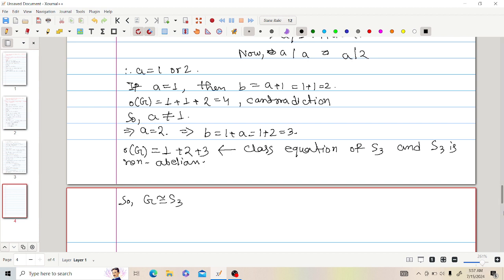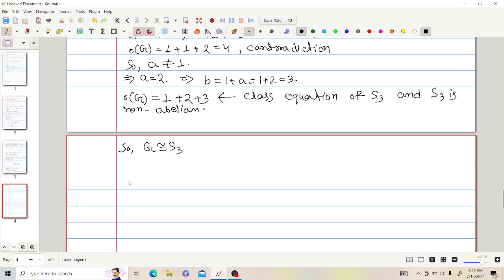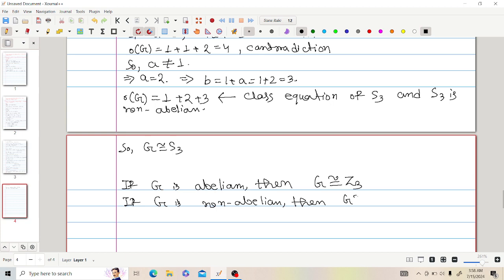So if we summarize the result, if G is abelian, then G is isomorphic to Z3, and if G is non-abelian, then G is isomorphic to S3.